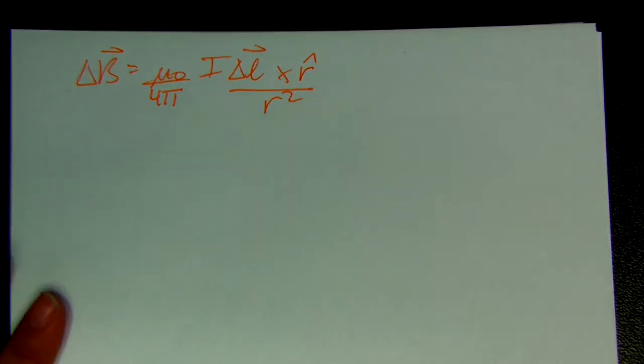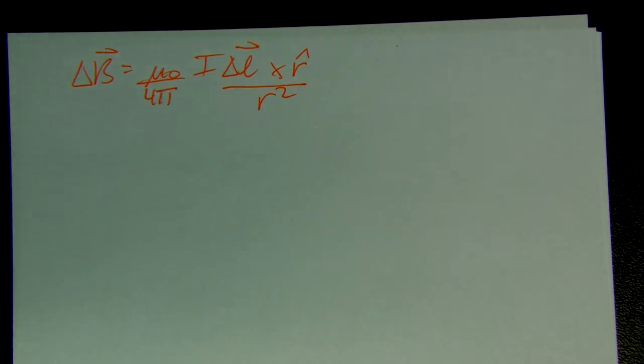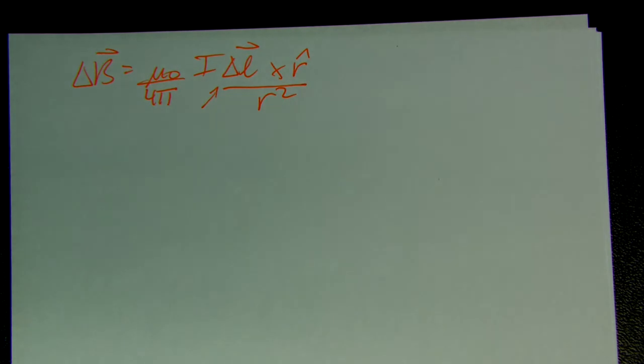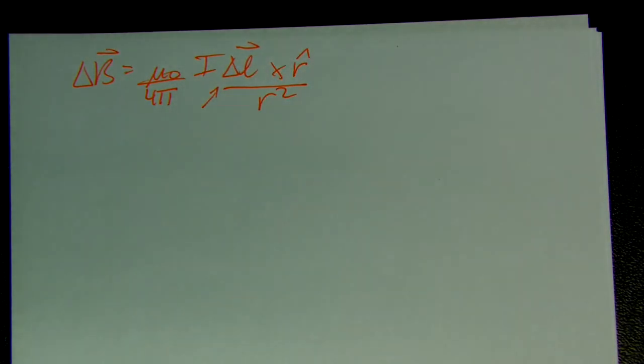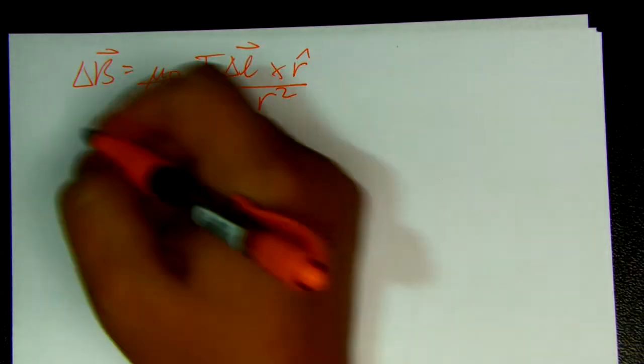In terms of our previous expression where we had q times the velocity, we can see that this would be embedded in this expression right here, where a current is going to account for all of the charges moving at their drift speed. So let's look at what delta L is.